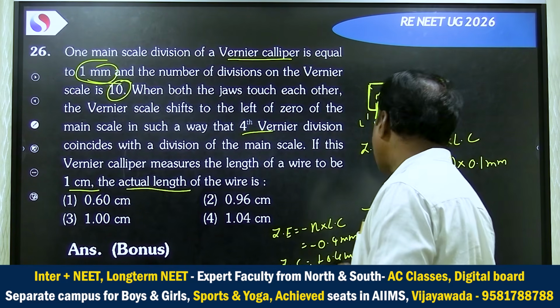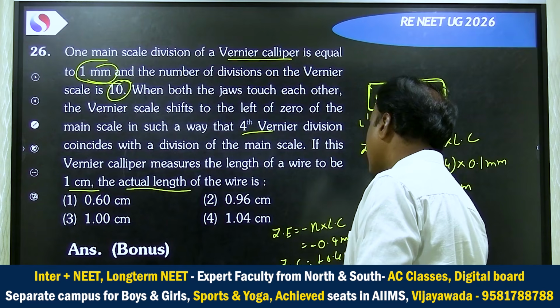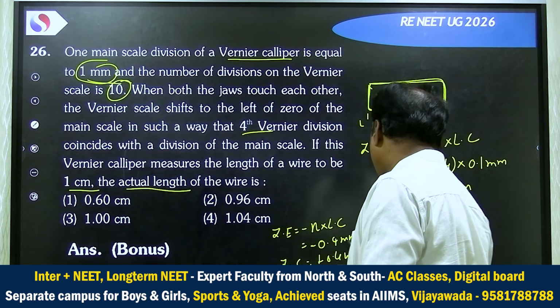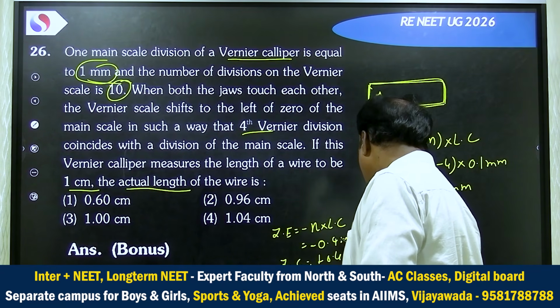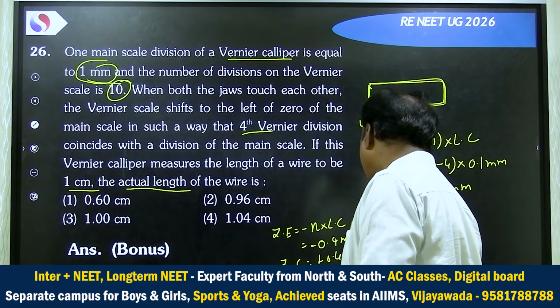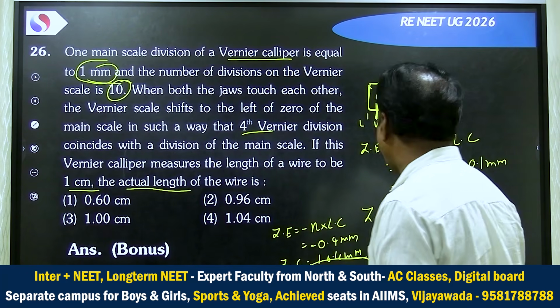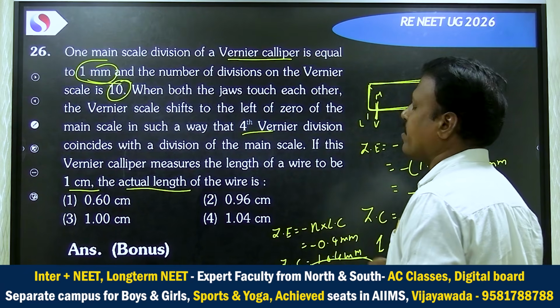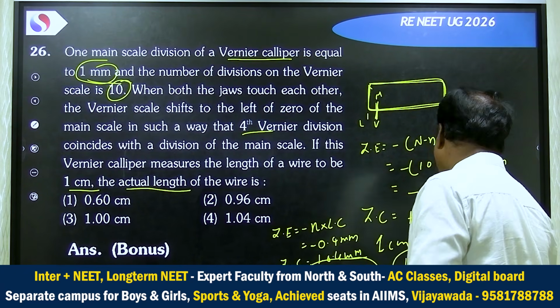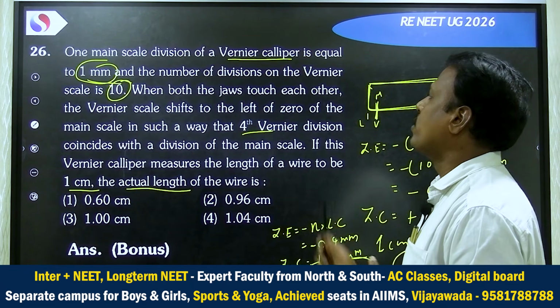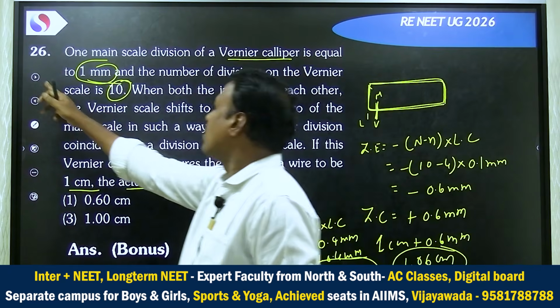So this kind of answer we have, this is in mm, and finally when you add, the total value becomes 1.04 cm. So maybe it was given as the key, but practically there are two issues, so it was announced as a bonus.